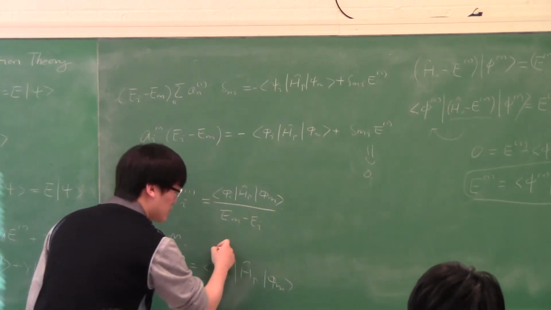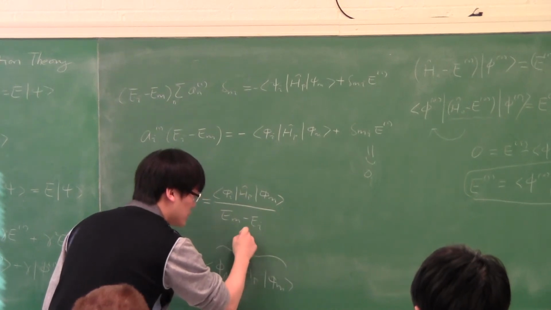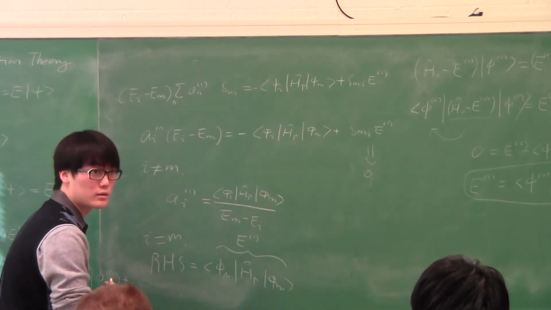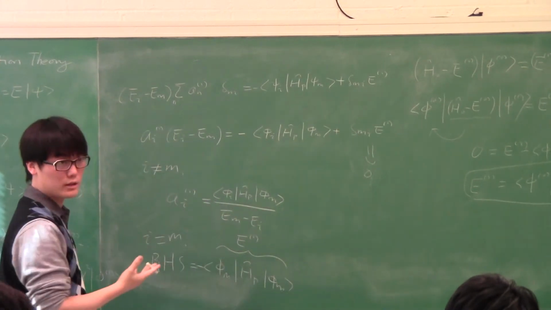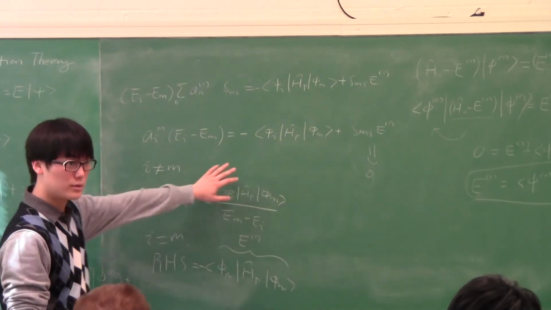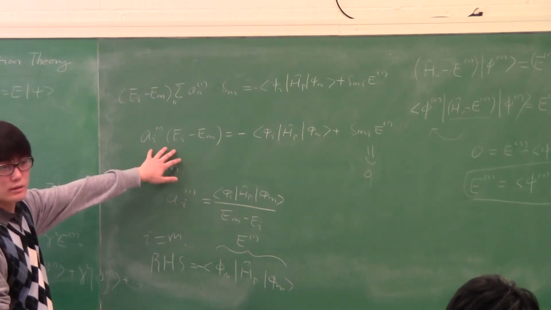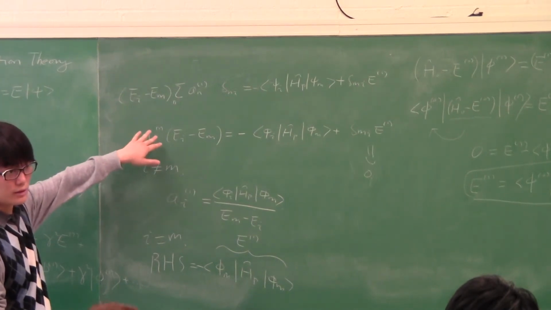And this we can compute. This is just the first order perturbation. And then this minus this plus this, the right-hand side is 0. So you cannot solve for this. This is not determined. Okay?